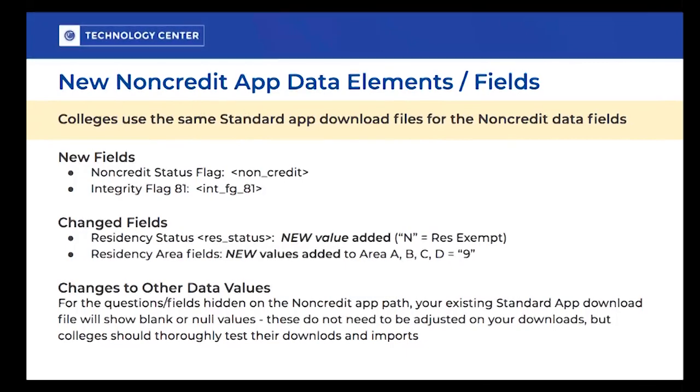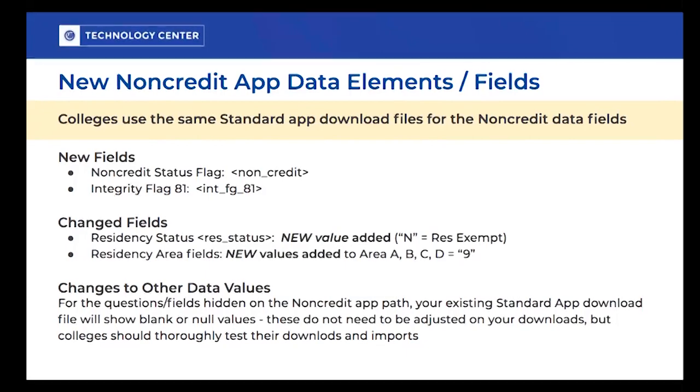Changed fields. Most of the other changes to data revolve around the residency and the other hidden questions. For example, we've hidden the residency page, the citizenship page, and the military page. So there are a lot of questions that would normally show up on your downloads with a value, but since they're hidden in the non-credit app, you will see a lot of nulls or blanks.